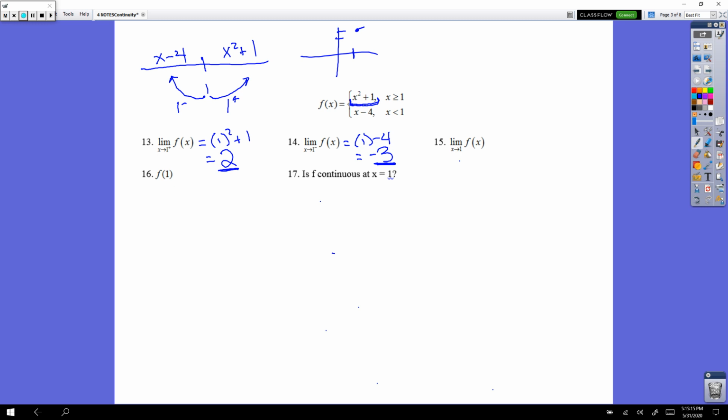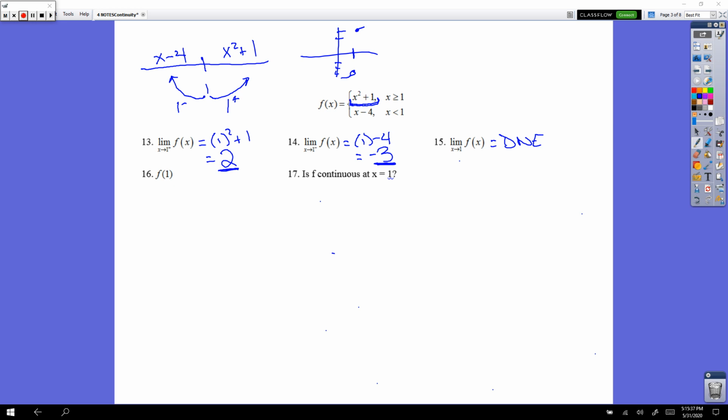From the left side, it's approaching negative 3, so that means it's down here somewhere. Okay, since those values differ, that means my limit does not exist. Remember, if they do equal each other, then the limit would be that value, and we would be good to go. But since they're different numbers on each side, limit doesn't exist.